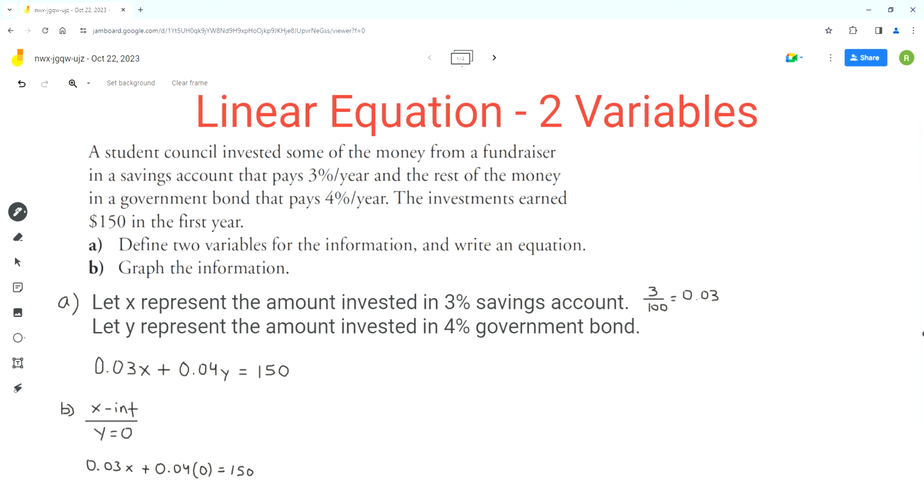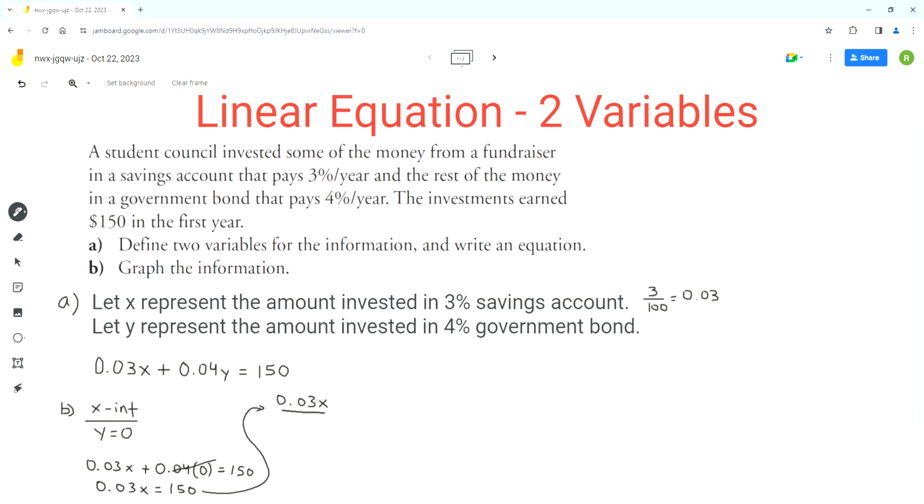So 0.04 times 0 is equal to 0. So this goes away. So we are left with 0.03x equals 150. And now we can solve this equation by dividing both sides by 0.03. So we have to isolate x.